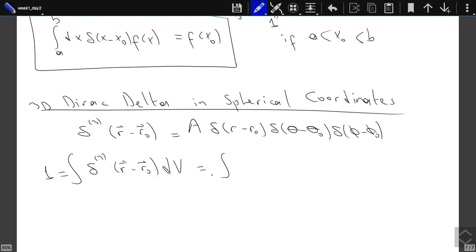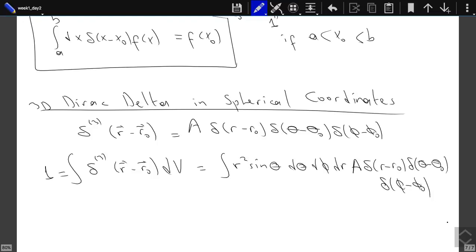What is the volume element in spherical coordinates? r squared sine theta, d theta, d phi, dr of a Dirac delta r minus r0, theta minus theta 0, phi minus phi 0. This integral should be 1. r goes from 0 to infinity. r0 is somewhere in this range.